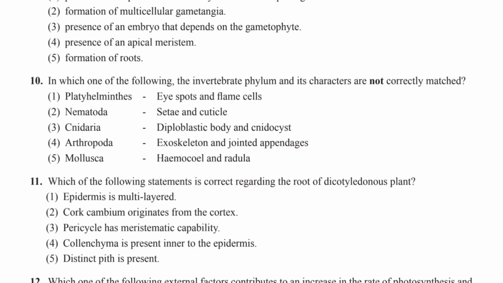Arthropoda exoskeleton and jointed appendages present. Mollusk, they have hemocoel and they have radula, minute toothed ribbon, right, that present in the mouth. Right? This hemocoel is present in both arthropods and mollusks. Now, nematodes, setae and cuticle, yes. Their body is covered by a tough cuticle, but setae, we can't take that one. So, the answer should be second answer.